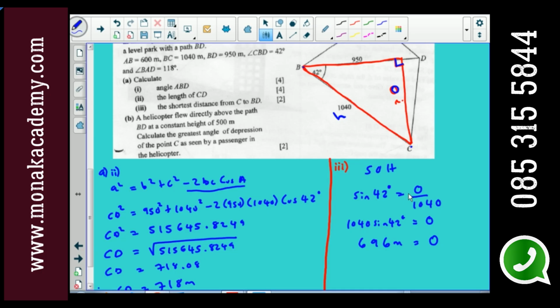So you must now know that it becomes a right angled triangle, and you now only work with that particular triangle. Like in this case, it's nice to notice that D immediately fell out. So we didn't even care what that length would be because there was no need for us to know it anymore. It was no longer 950 because it was not going all the way to BD.